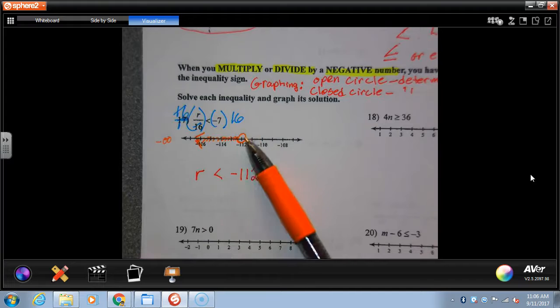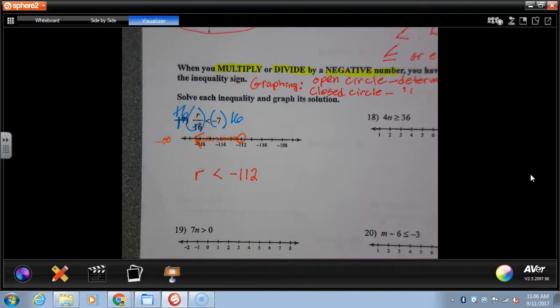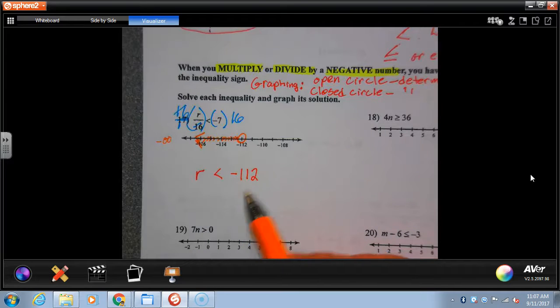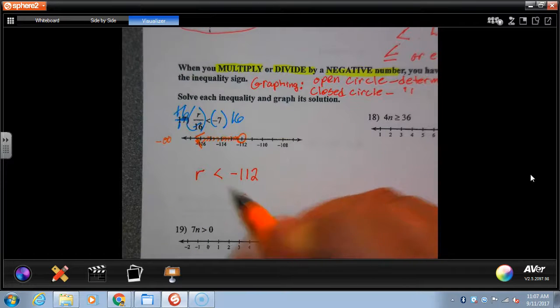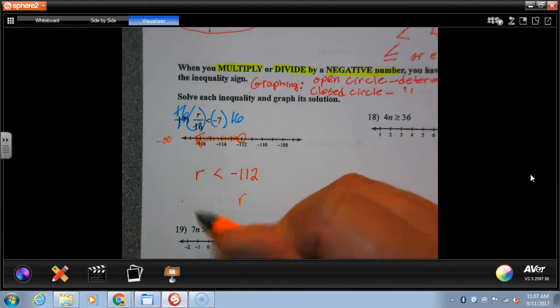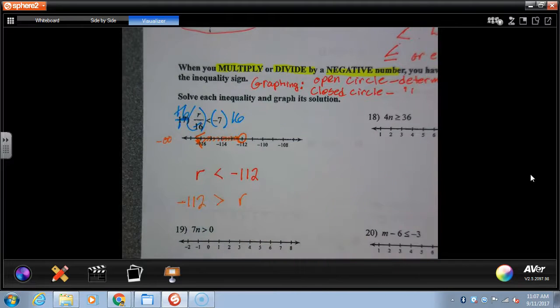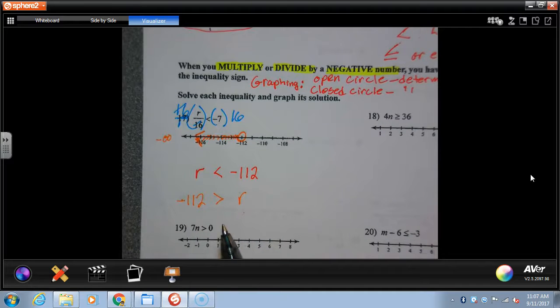When you go to solve these inequalities, if you end up with an inequality where you have the r on the right-hand side, make sure you flip it around if you use that rule of shade in the direction of the arrow.